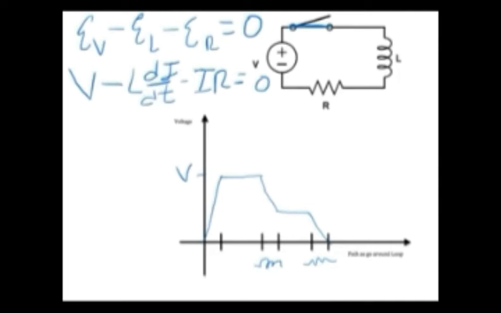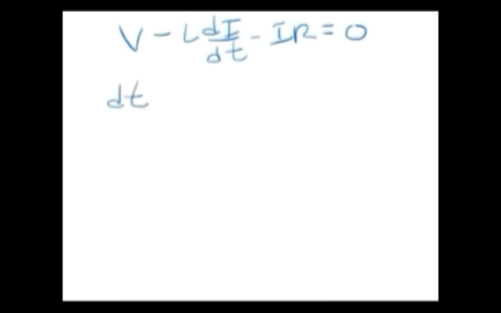More on that in a minute. Let's go to the next slide where we can do a little bit of math. Okay, so remember from the previous slide we have this. Now we are going to solve for the current as a function of time. First let's rearrange a few things, and we get dt L over V minus IR equals dI.